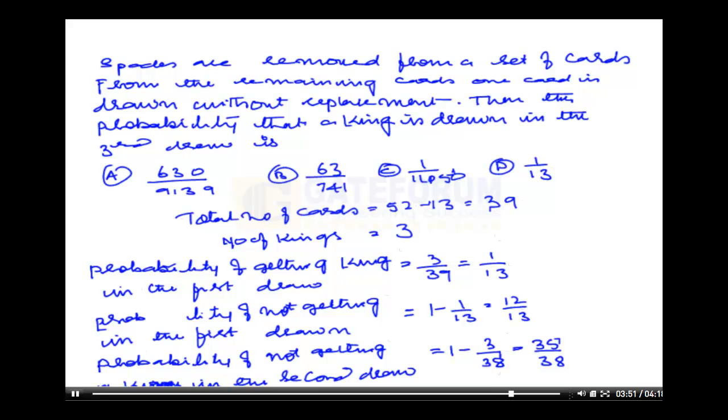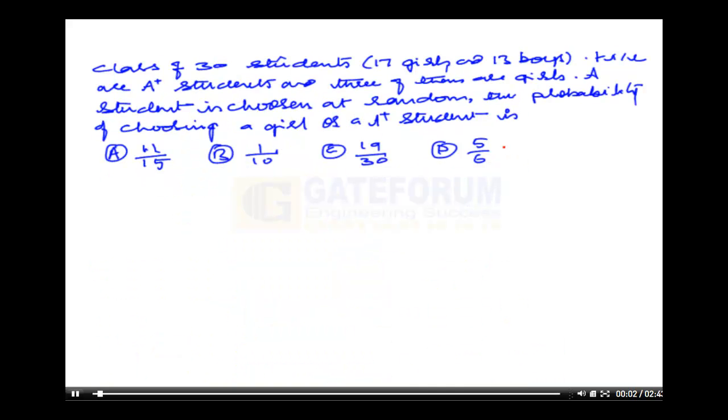It should be equivalent to: first draw not getting is 12 by 13, we should not get in the second draw 35 by 38, and getting in the third draw should be 3 by 37. So simplifying, I'll get 630 by 9139.